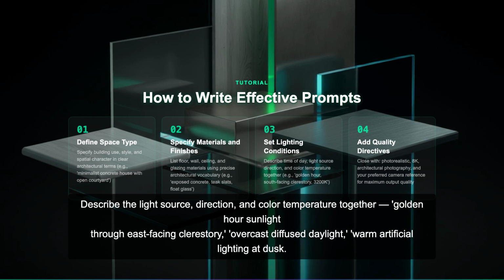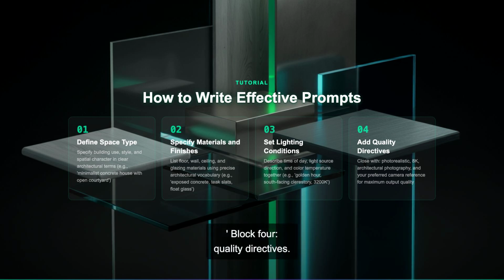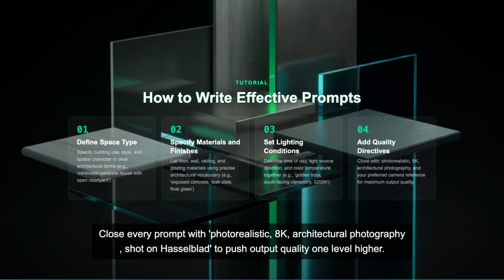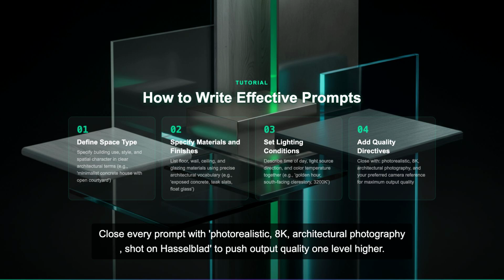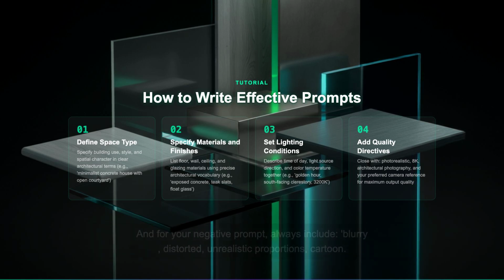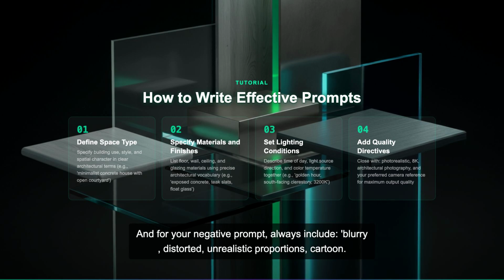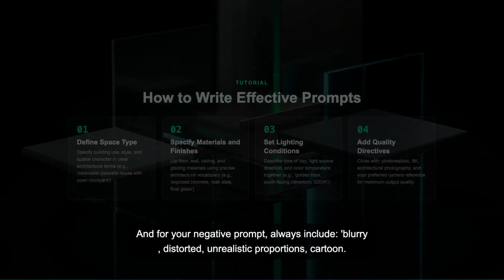Block 4, quality directives. Close every prompt with photorealistic, 8K, architectural photography, shot on Hasselblad, to push output quality 1 level higher. And for your negative prompt, always include blurry, distorted, unrealistic proportions, cartoon.